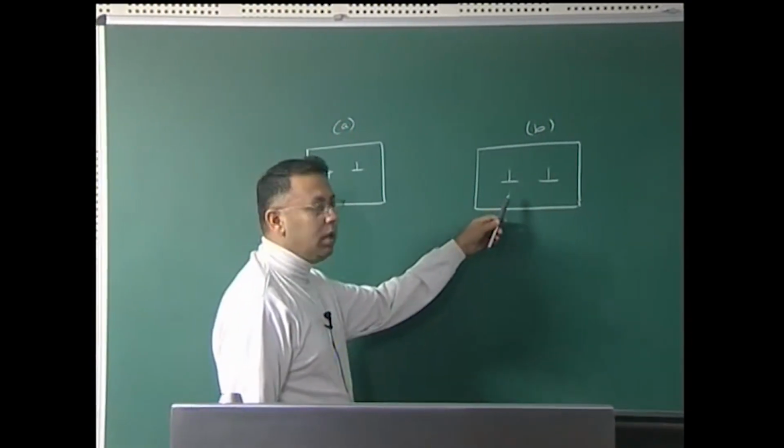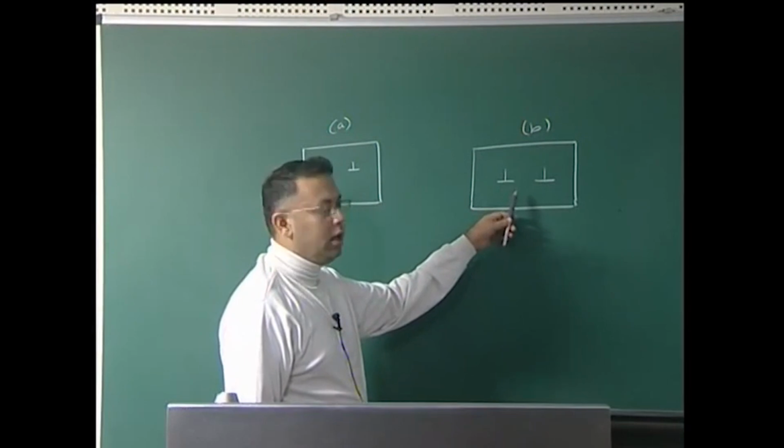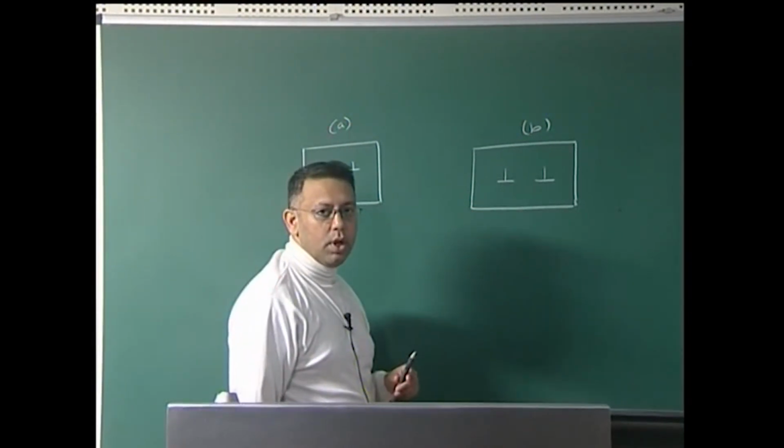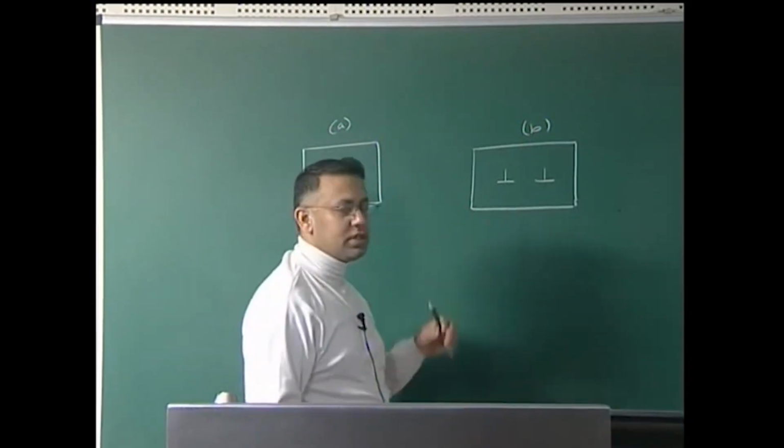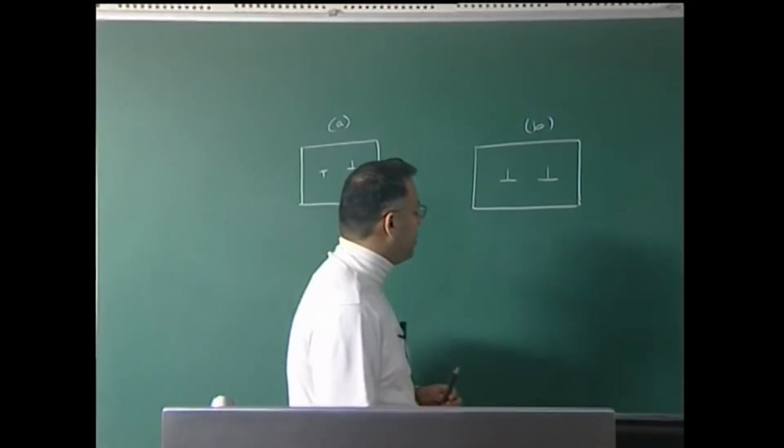In configuration B, they are positioned in such a way that they repel each other. What is the agency by which the interaction is mediated? It is obviously the long range stress fields of the dislocation.